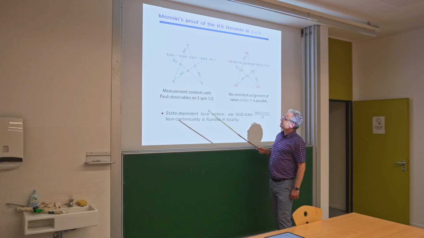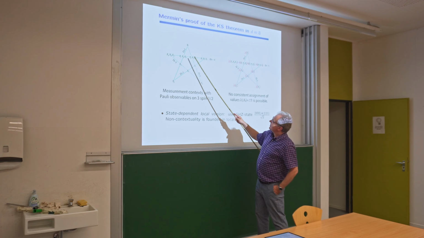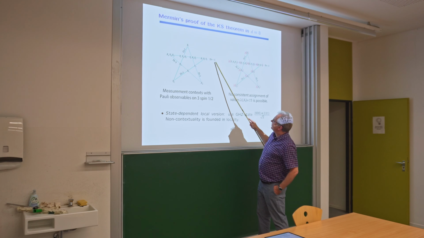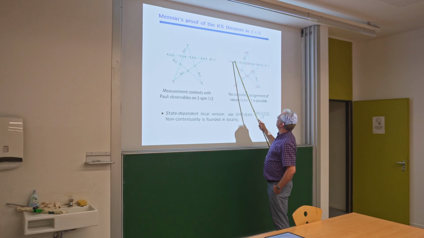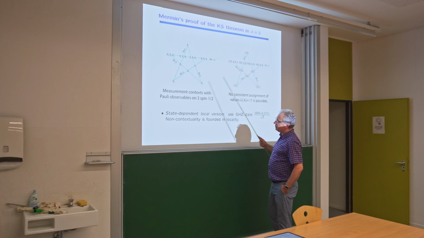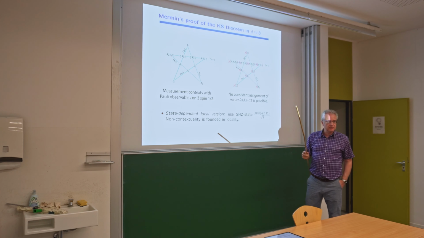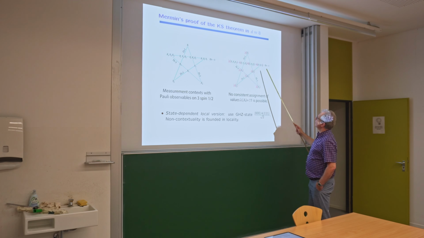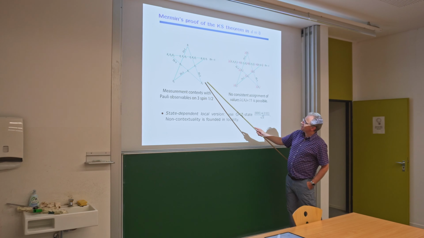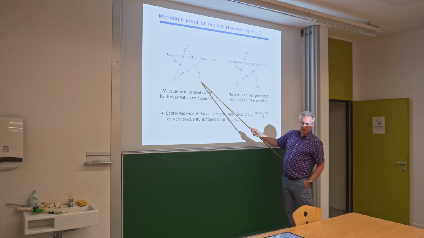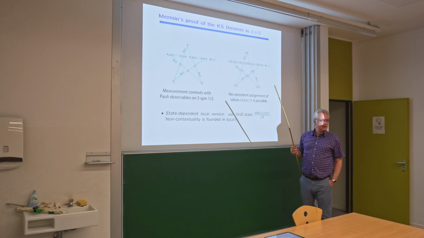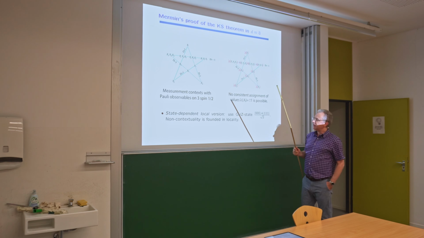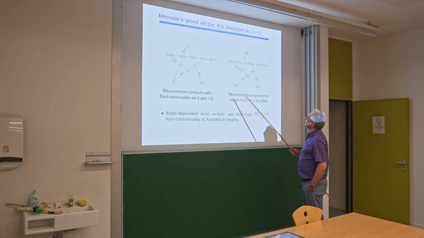Since the observables commute and multiply to minus the identity, the values would multiply to minus 1. So those hidden variable model assignments have to multiply to minus 1 in this row. And everywhere else where the product of observables is plus the identity, the corresponding values have to multiply to plus 1.